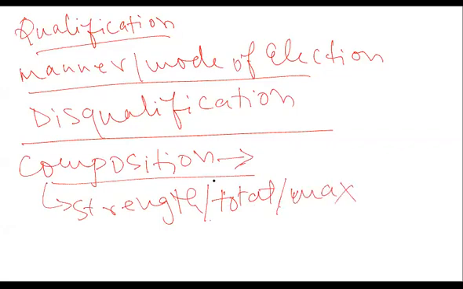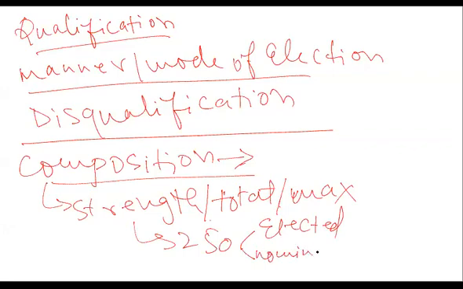Yes, very good. The maximum strength is 250. Out of this 250, there are two types of members. Some are elected and some are nominated. Nominated by whom? Nominated by the president.